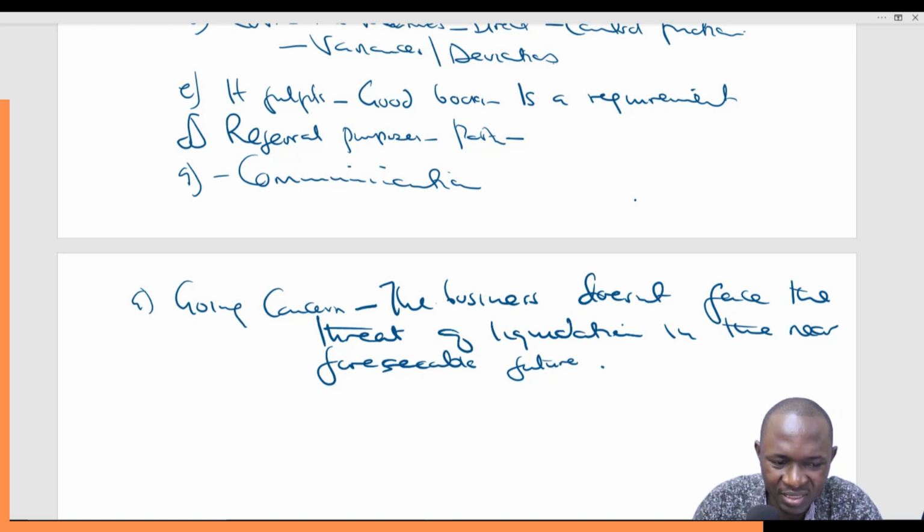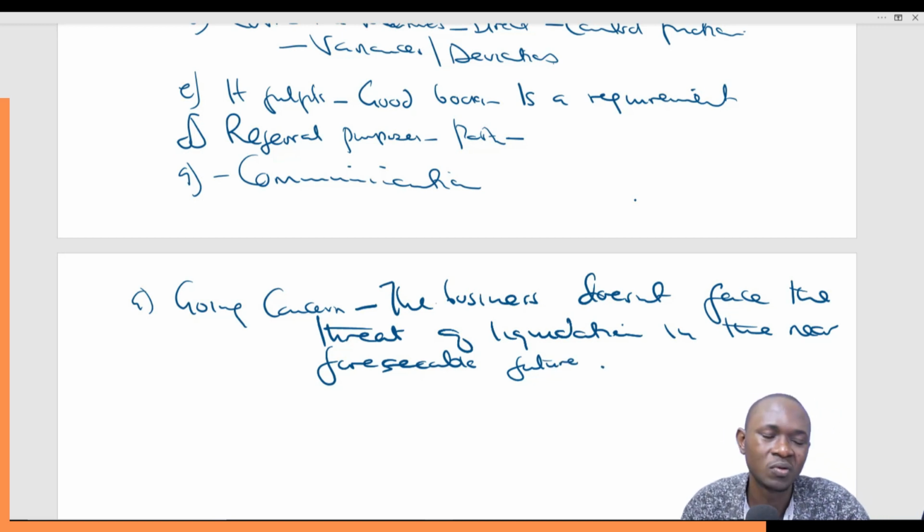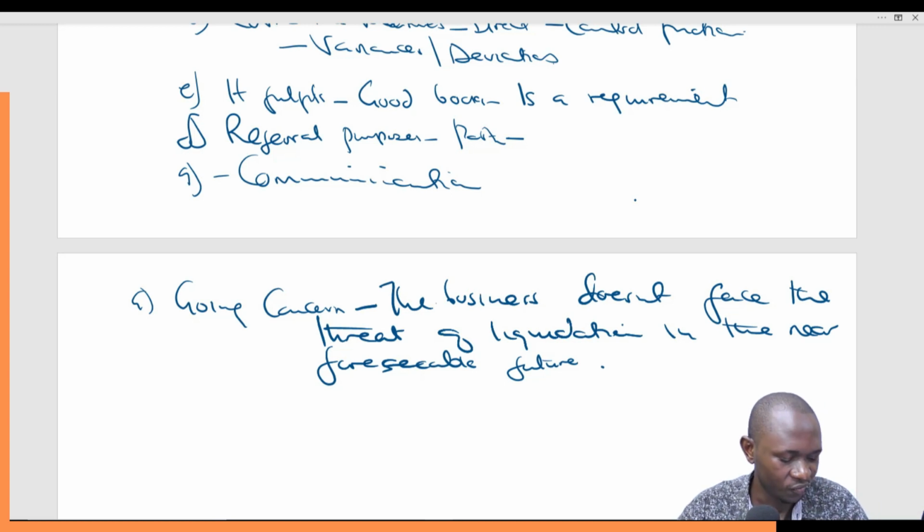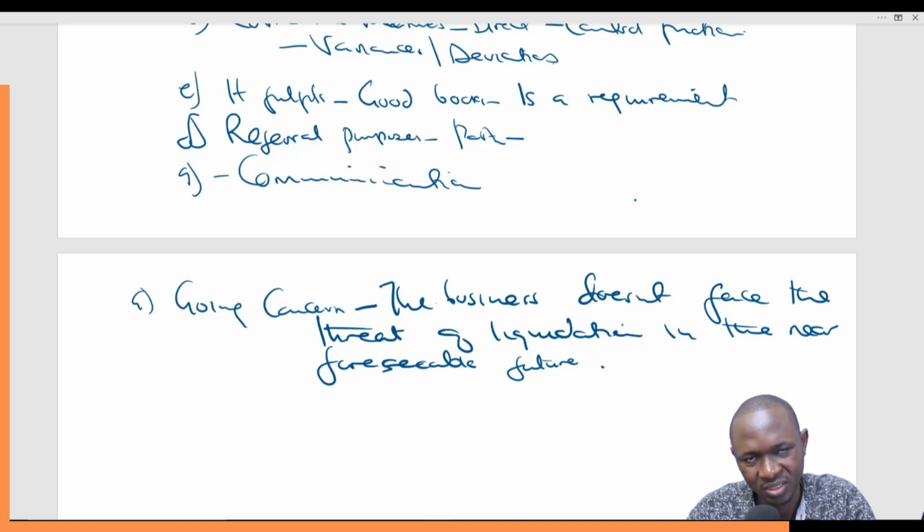So that means that the business is quite stable to withstand all these other threats that might come its way. We are sure that the business will be in operation for the next future period of time. It's financially stable to meet its current and maturing obligations for a considerably longer period of time. We say that that business is a going concern.